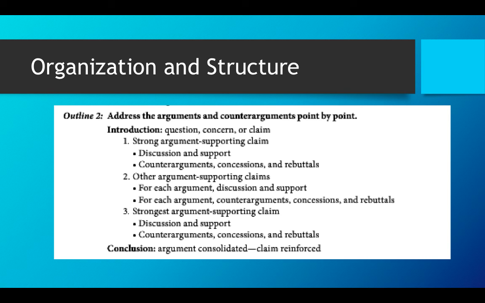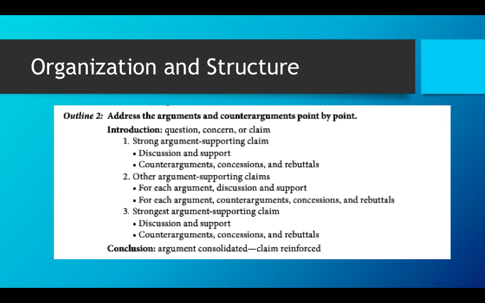Another way to do it is to do, you can do point, counter argument, and rebuttal. All right, so you can make a point, present the counter argument for that point, and then present the rebuttal. Then you can make another point for your line of reasoning that supports your thesis. Then write the counter arguments for that particular point and rebuttals. And then your strongest point at the end, counter arguments for that point and rebuttals.